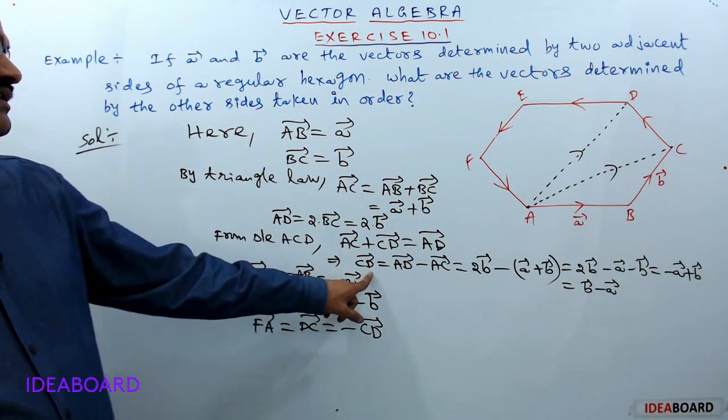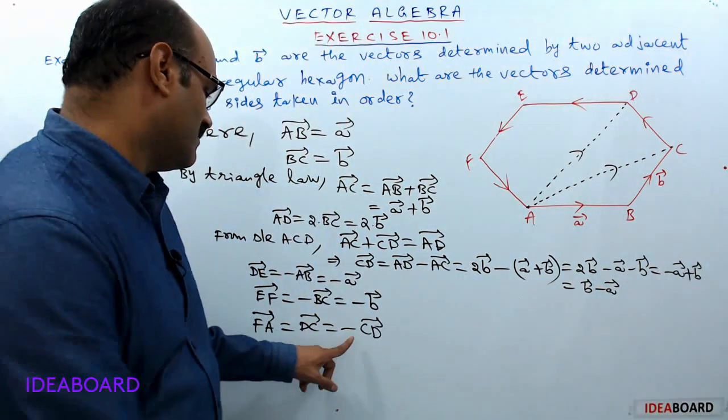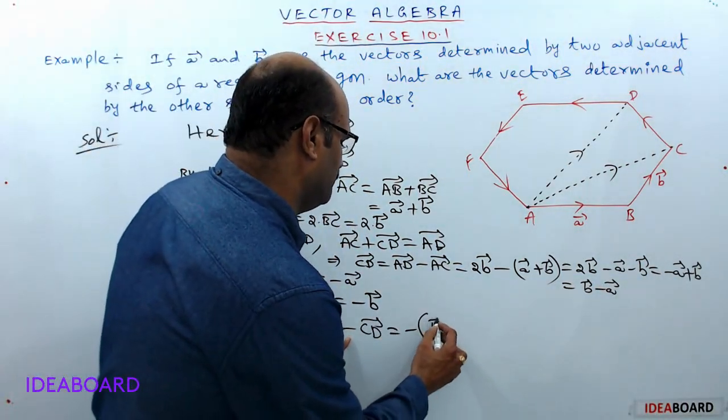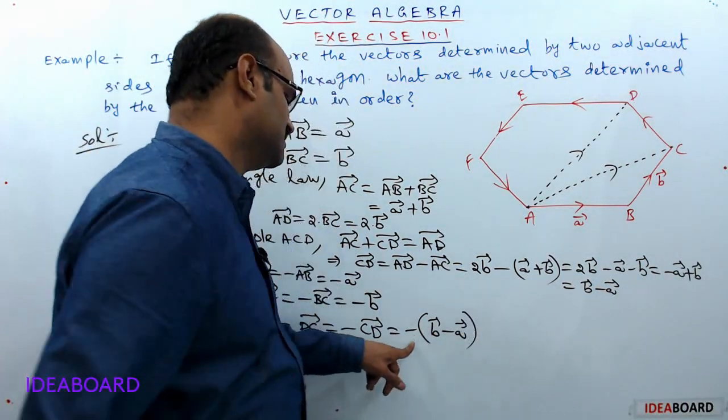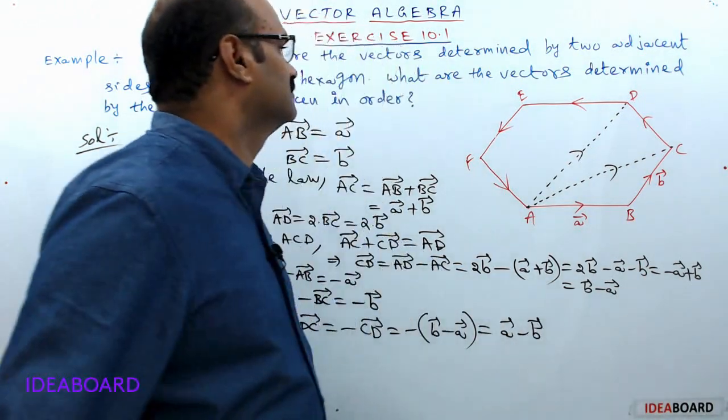Already we have CD vector equal to B vector minus A vector. So minus of B vector minus A vector is equal to A vector minus B vector.